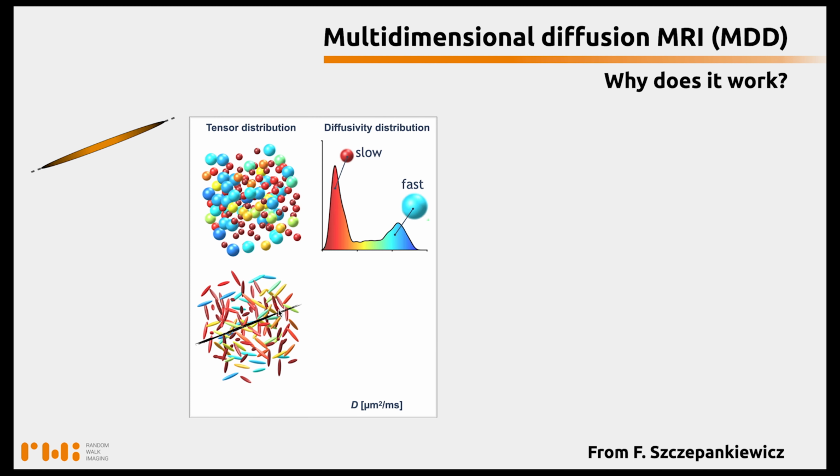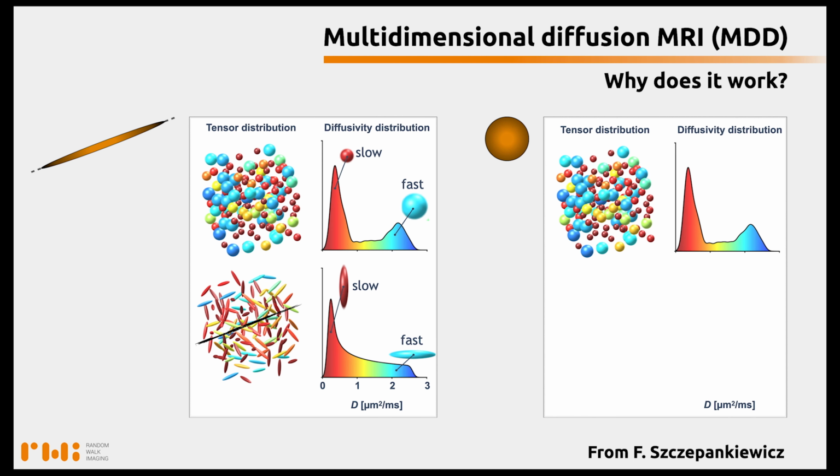So the diffusivity distribution that you will probe will look a bit like this, where you have still this contribution at low diffusivity and this contribution at high diffusivity. And in practice, these two distributions share the same average and the same variance, which will make it very difficult to tease them apart based on these properties of the diffusivity distribution. This is why the mean kurtosis of DKI cannot tease them apart.